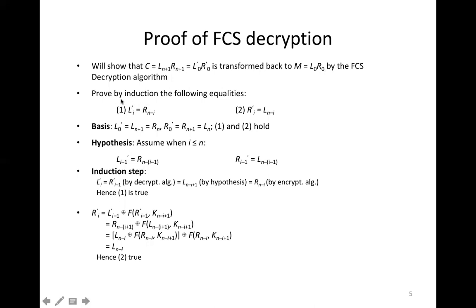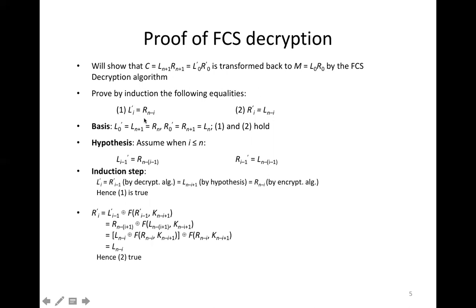We will prove this by mathematical induction, and these are the equalities we want to prove. For any i, I want to show that L sub i prime is equal to R sub n minus i.